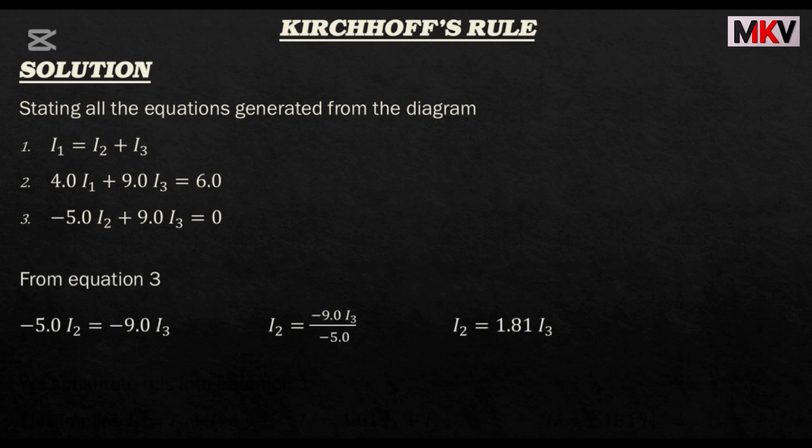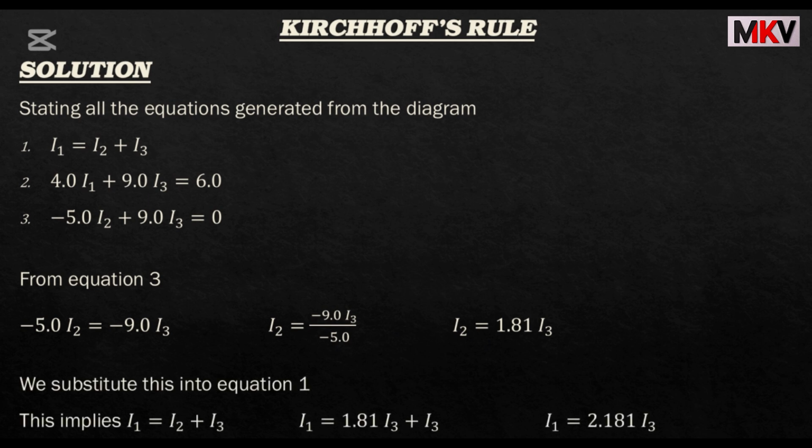Firstly, from equation 3, making I2 the subject, we sent the 9.0 times I3 to the other side of the equation. Then we divided through by minus 5.0, making I2 the subject. So I2 is 1.81 times I3. So this is our I2. Now we substitute I2 into equation 1.